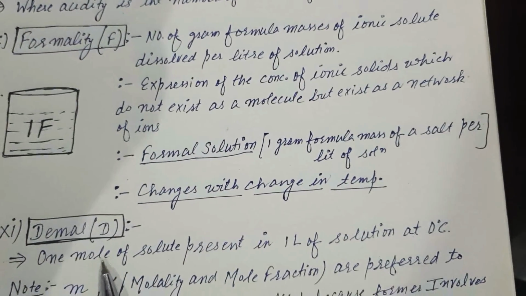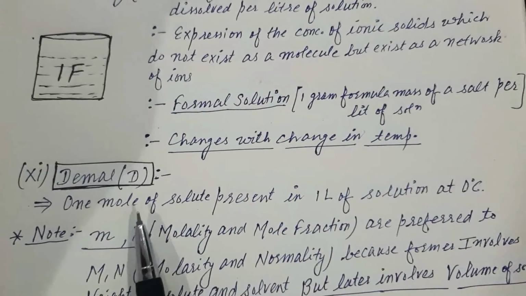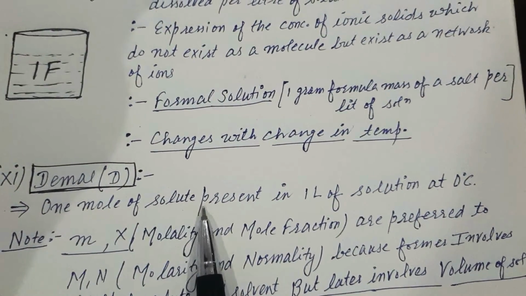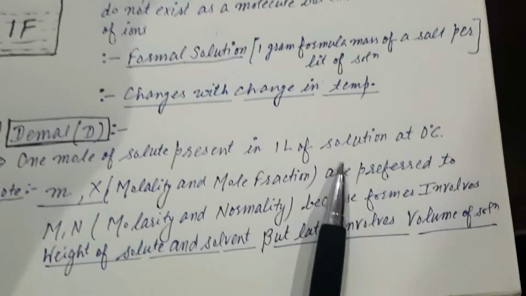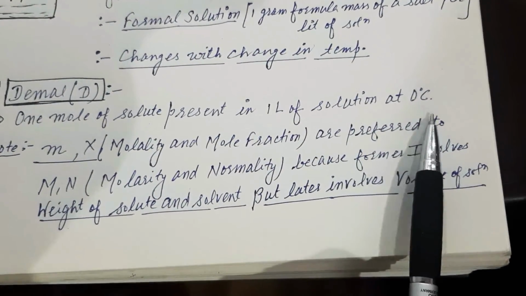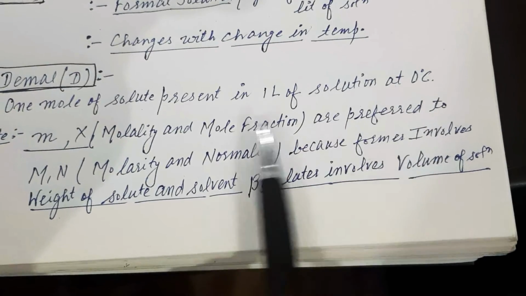Next, a new concentration term is demal, denoted by capital D. It is defined as 1 mole of solute present in 1 liter of solution, with the special condition that it is at 0 degree centigrade temperature.